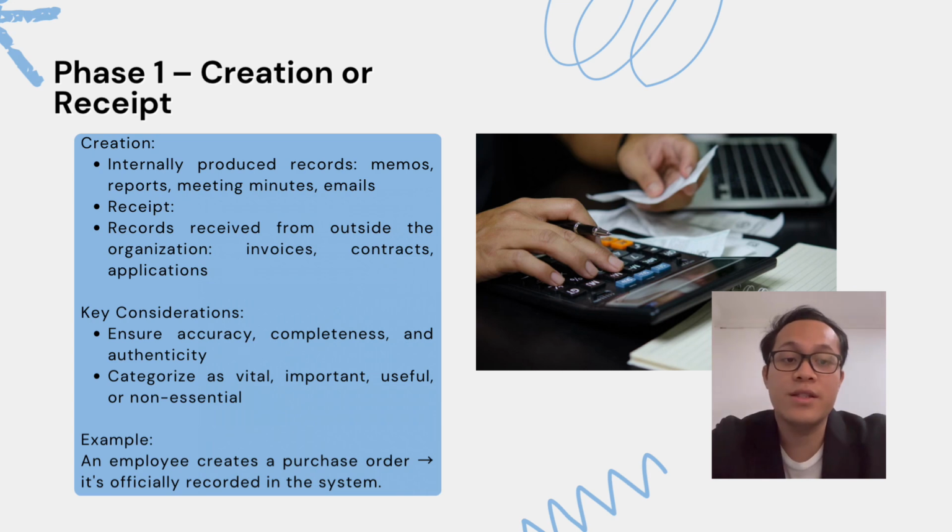The key consideration here is to ensure accuracy, completeness, and authenticity. It is also categorized as vital, important, useful, or non-essential. For example, an employee creates a purchase order, which means it is officially recorded in the system.